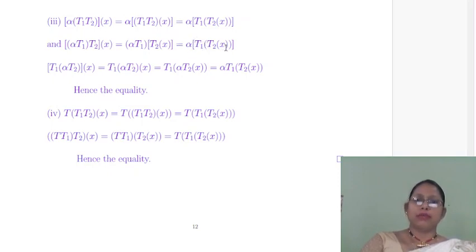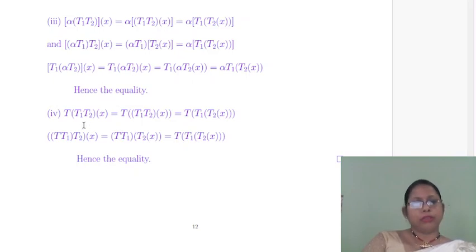This is T1 of alpha T2 x, and this is equal to T1 of alpha T2 x. As alpha is a scalar and T1 is a linear operator, we can take alpha outside, and this is alpha T1 T2 x. Hence we get the equality as the right hand sides are equal, so the left hand sides are equal. That is, alpha T1 T2 is equal to alpha T1 T2, and it is equal to T1 alpha T2.